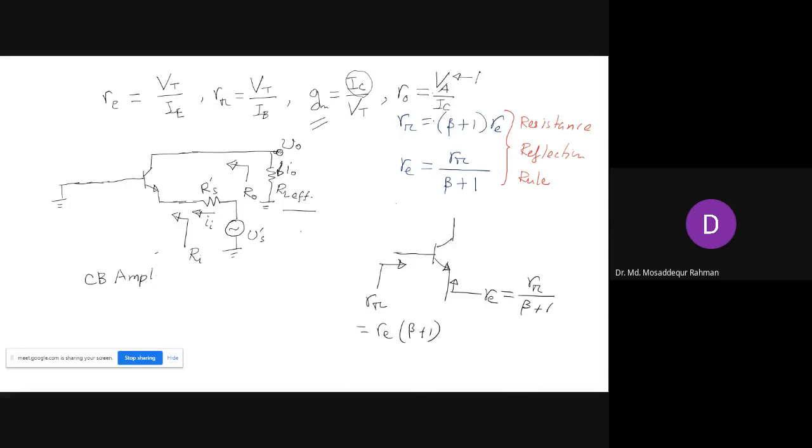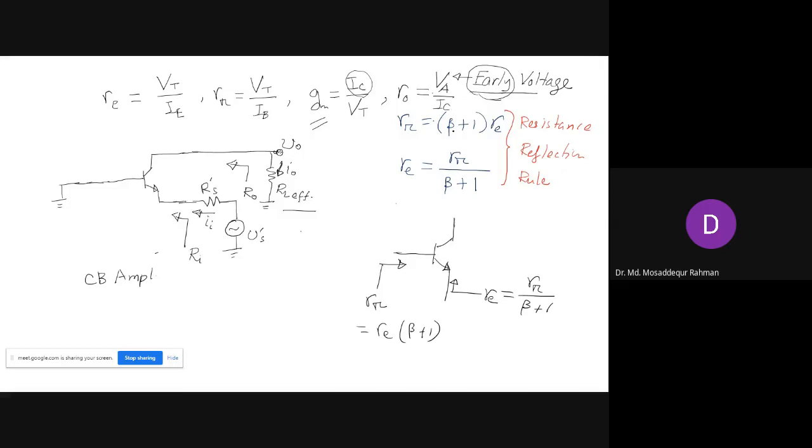VA is called the early voltage. Early is the name of a scientist who first worked on this phenomenon of the transistor, that if you look from the output side, there is a resistance.